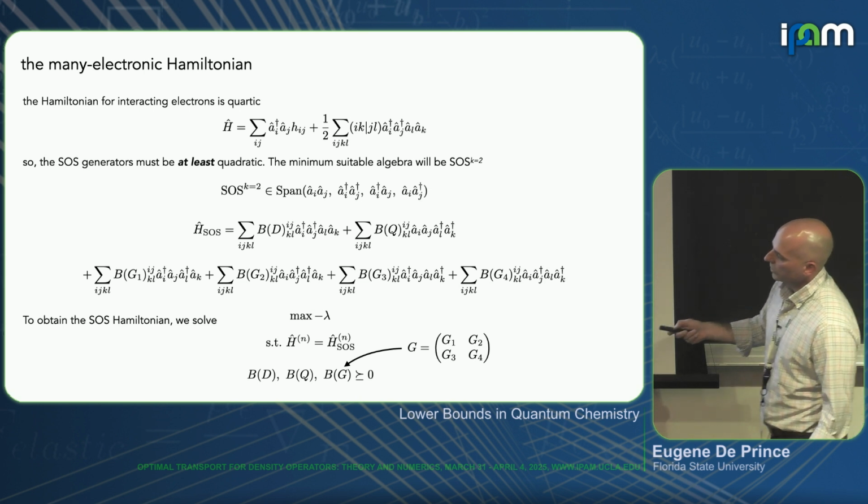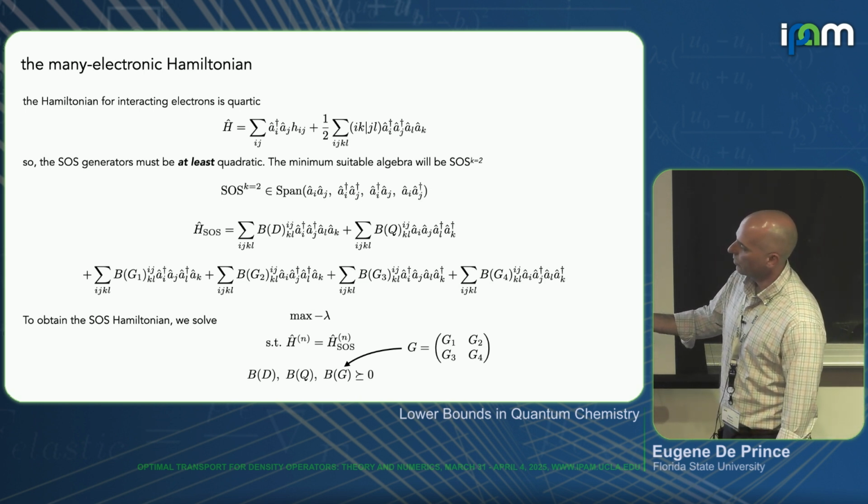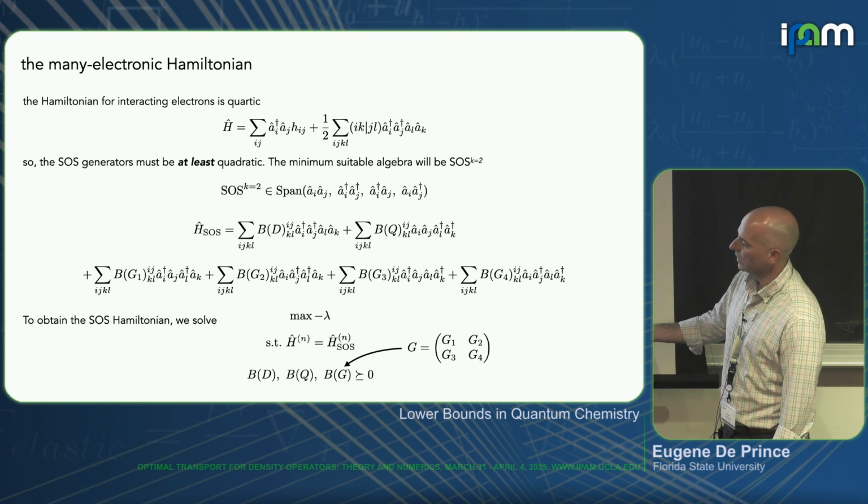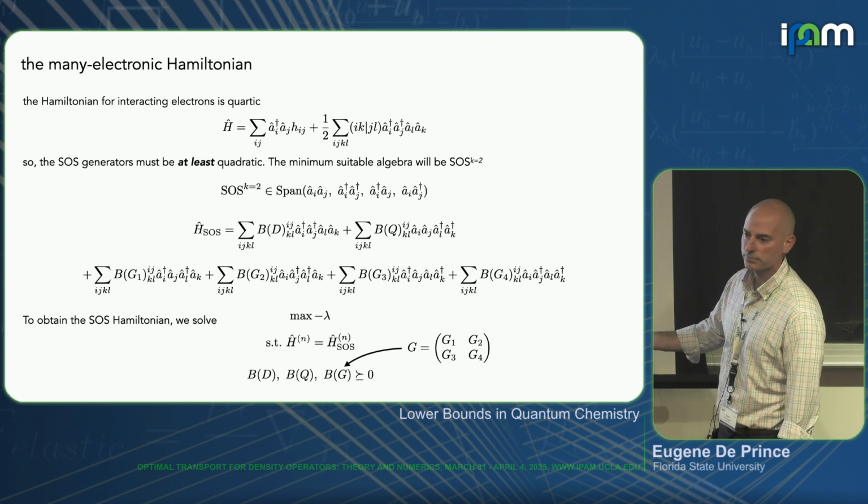OK, so then the procedure to obtain the SOS Hamiltonian is I want to maximize this SOS energy, which is negative lambda, such that those one and two body pieces of the Hamiltonian are equal to each other, and also that each of these coefficient matrices is positive semi-definite. And remember, this one is bigger than it was in the other version of the problem.